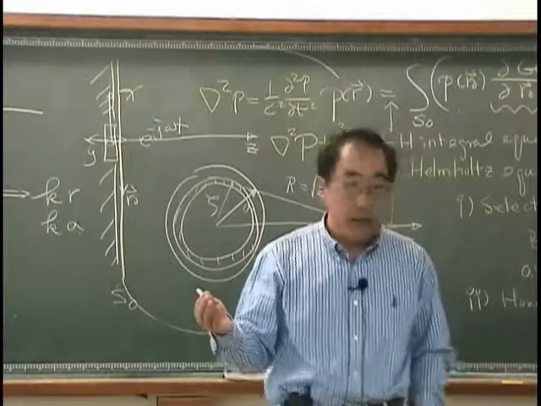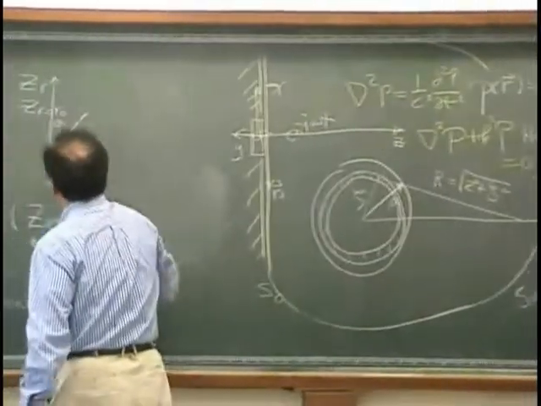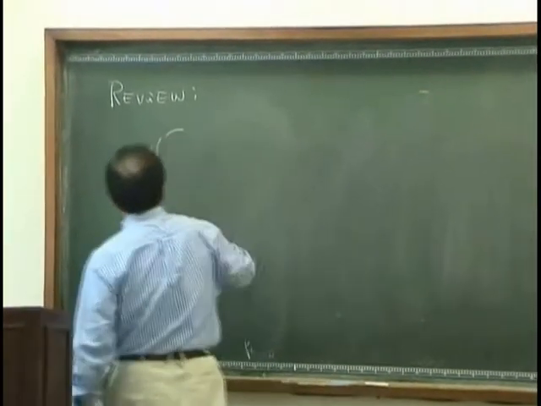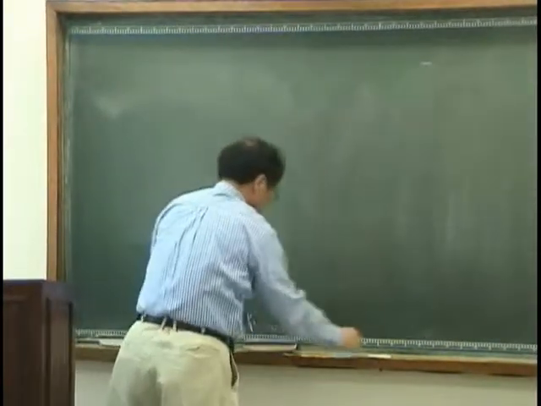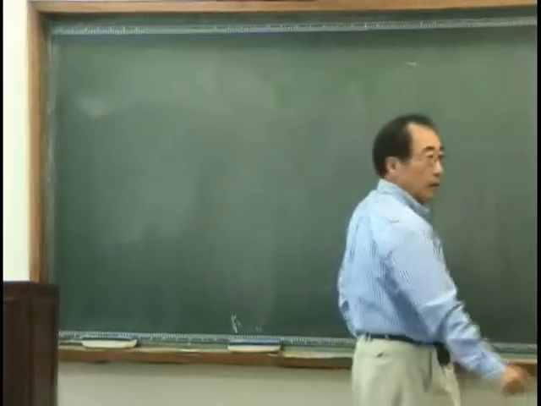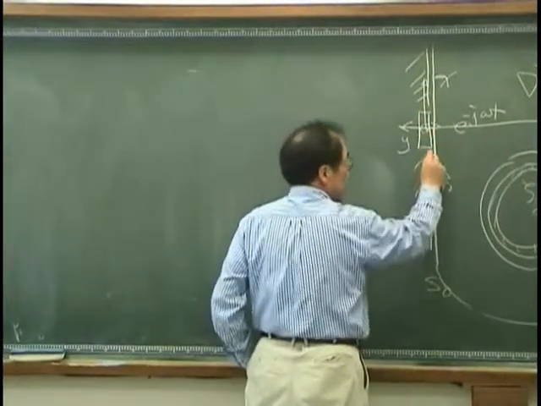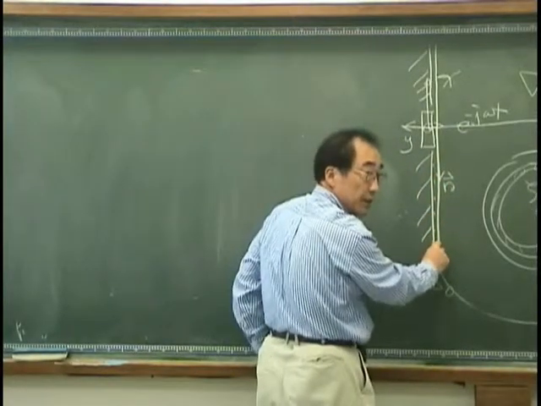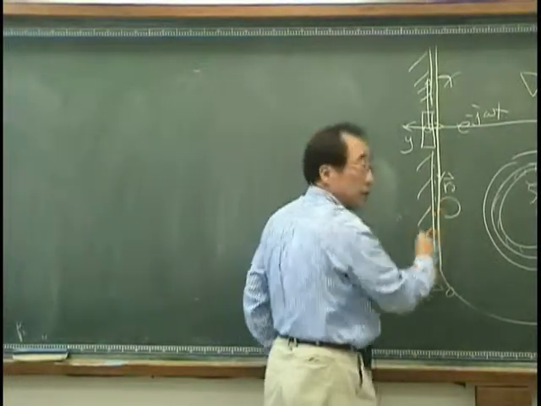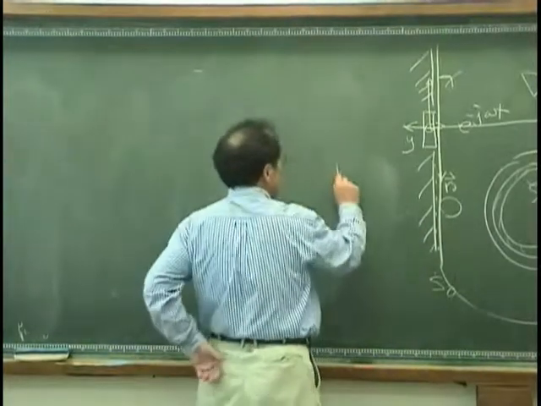Okay? So in the last lecture, I hope you guys remember this, on this surface, the boundary condition is that fluid particles cannot penetrate the surface, in other words, a rigid wall.